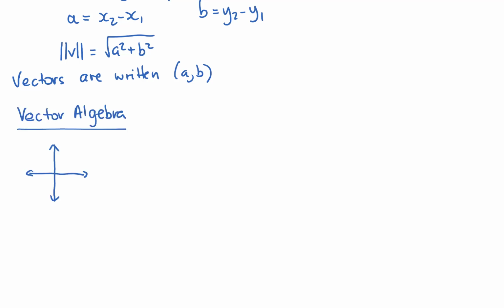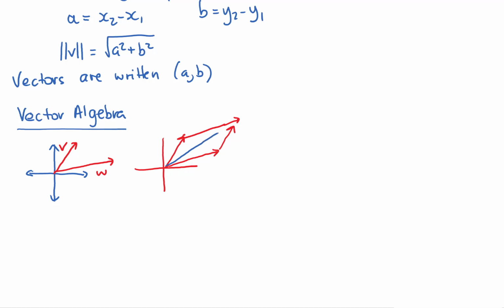If we have a couple of vectors, say vector V and vector W, then if we want to add these vectors together, we can simply think about starting with vector V and getting to this coordinate and then adding on vector W to that, which ends us up over here. Or we can go with the W first and then the V second. You would end up in the exact same place. And the final vector that you end up getting is this vector here.